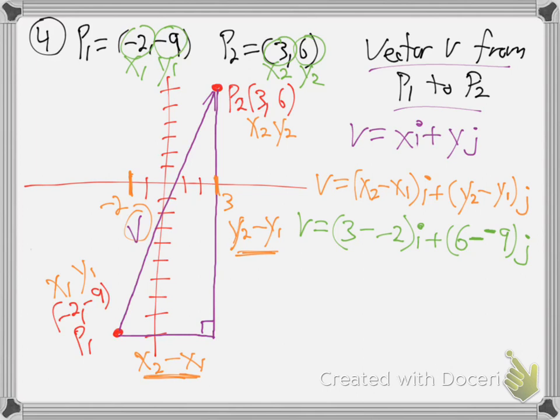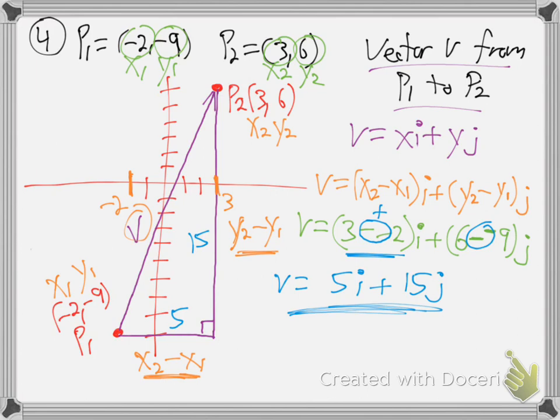And so vector V: what is 3 minus -2? Yeah, it's going to add. The two negatives are going to add. 3 plus 2, 5i. And the two negatives are going to add, what's that, 15? 15j. So it's 5 to the right, 15 up.